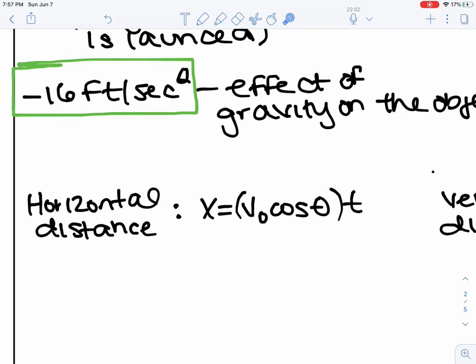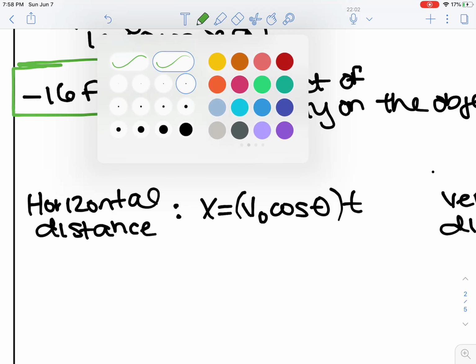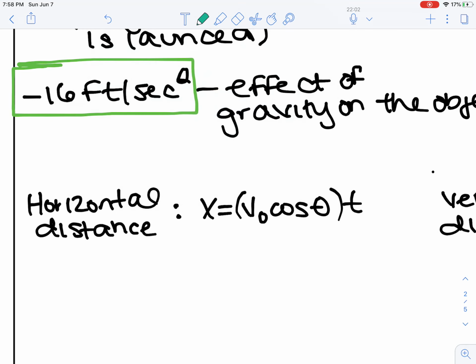It is defined to be x, which should make sense, and it is our initial velocity times the cosine of our angle of projection, which again makes sense, because cosine and x go hand in hand. And then we have times t. So initial velocity, cosine of our angle of projection, times our variable t. This is our parametric equation, x of t.